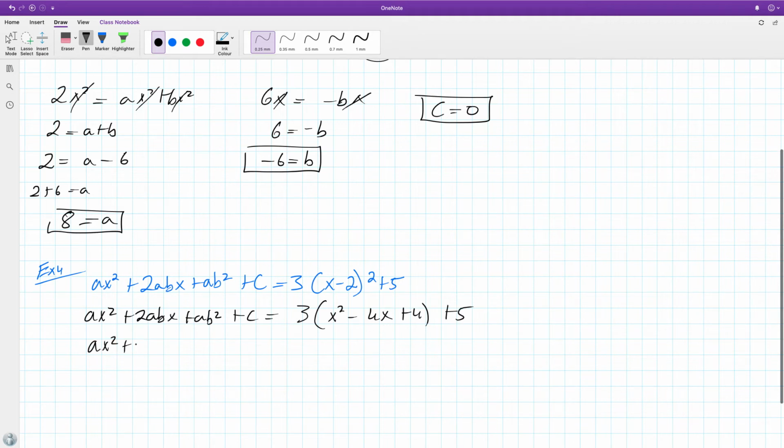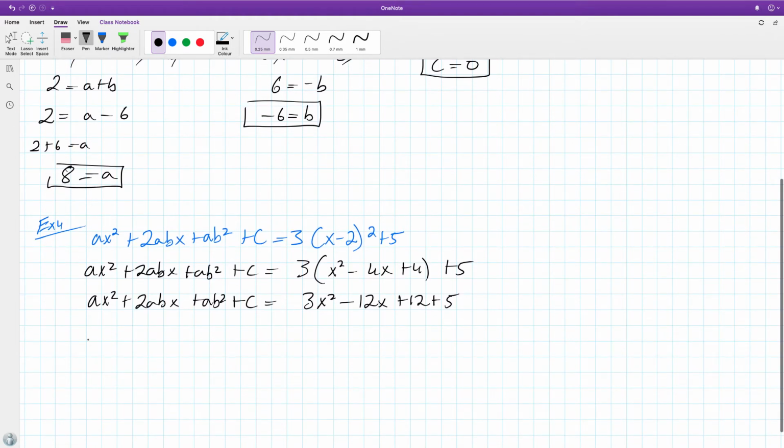That's ax squared plus 2abx plus ab squared plus c is equal to 3x squared minus 12x plus 12 plus 5. ax squared is equal to 3x squared. Cancel your x squared. a is equal to 3.